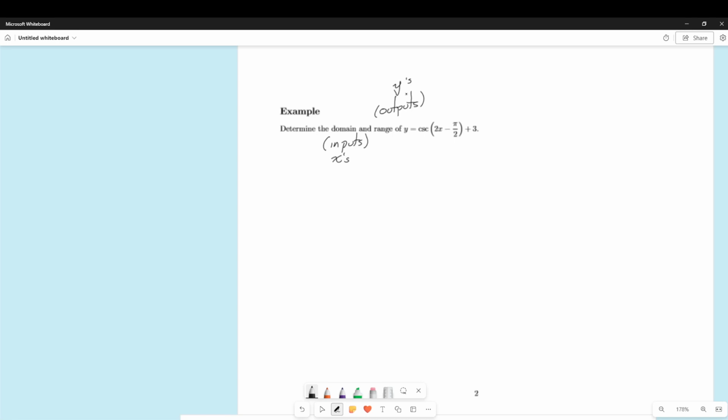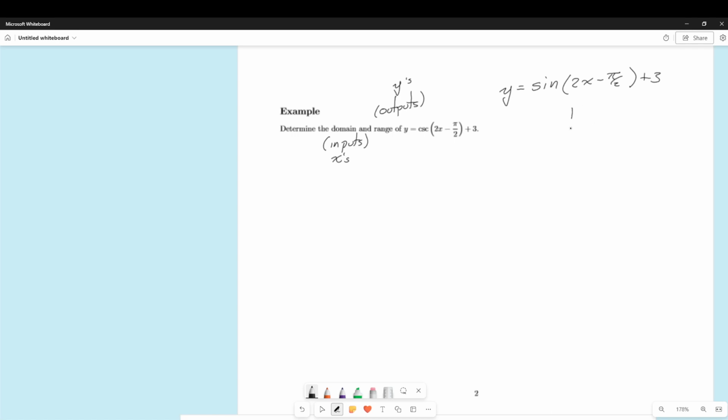So better to think of them as inputs and outputs than x and y's, but in this case they are x's and y's. So if we want to know what the domain and range are, again, I'm not going to think about cosecant. I'm going to think about sine and, based on knowing what that looks like, determine what our domain and range have to be, as opposed to trying to keep track of all those formulas and which case you're in and all that.